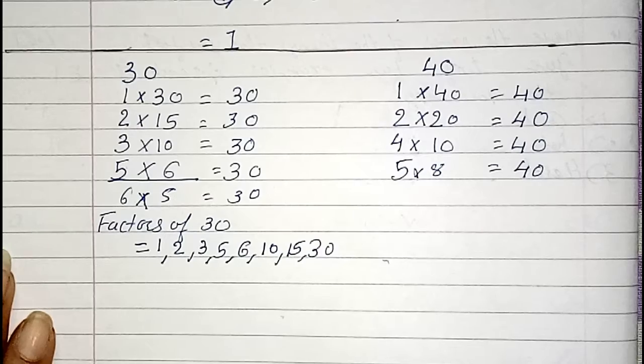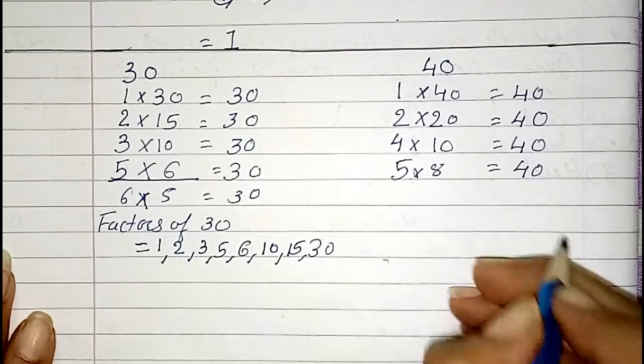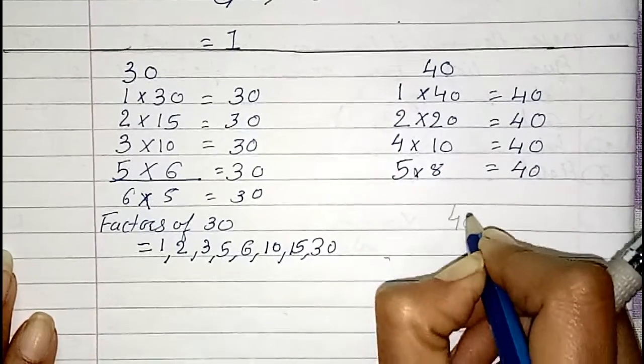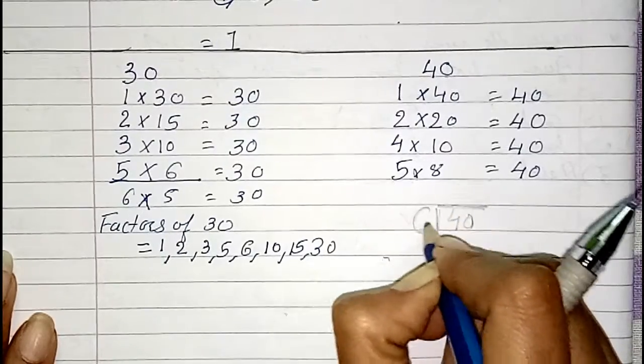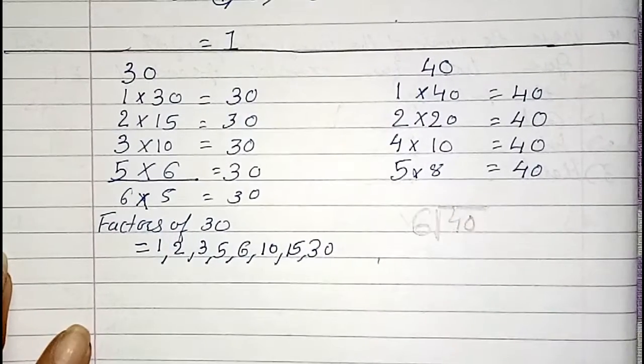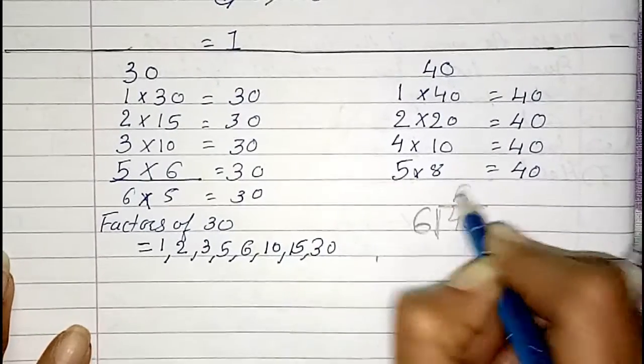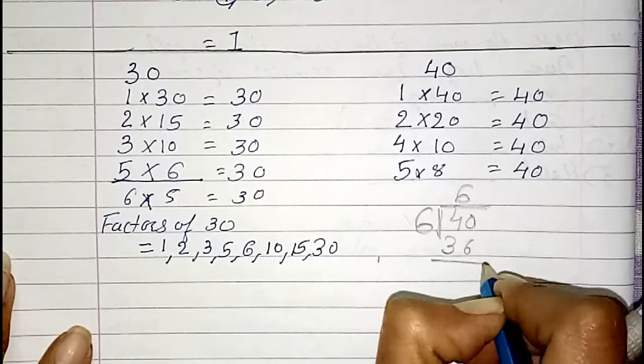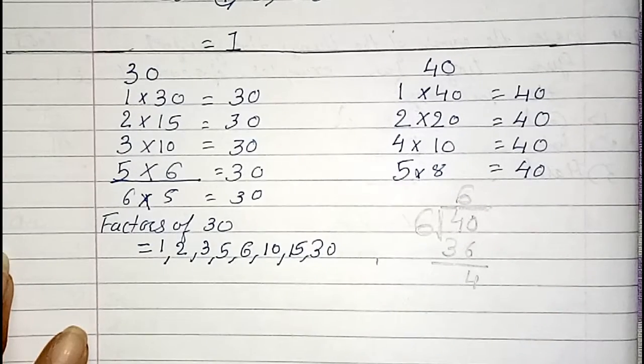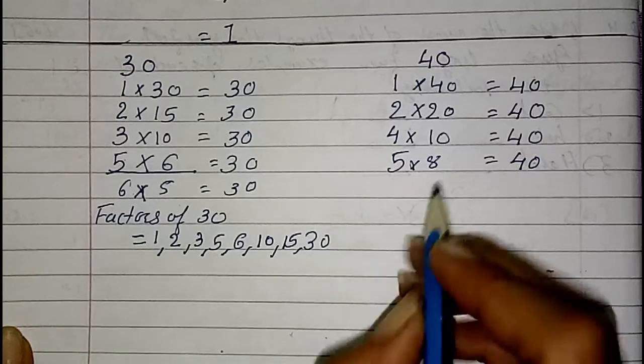Can 40 be divided by 6? Let's check. Divide 40 by 6. 6 sevens are 42, so we write 6 sixes are 36, but 4 is the remainder. So 6 is not possible. Let's check 7.